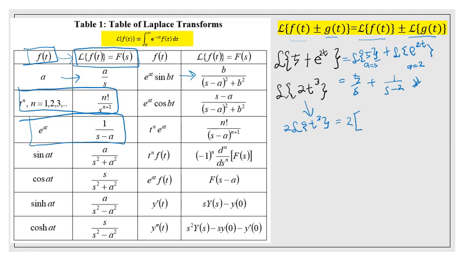We need to define what n is. n in this case is equal to 3. We just substitute into the formula, I'll copy the formula first: n factorial over s to the power n plus 1. So we will have 2 times 3 factorial over s to the power 3 plus 1.